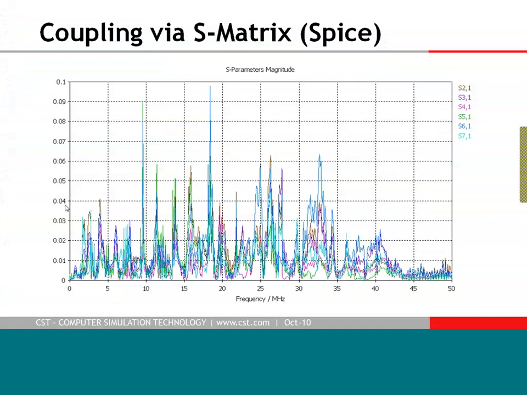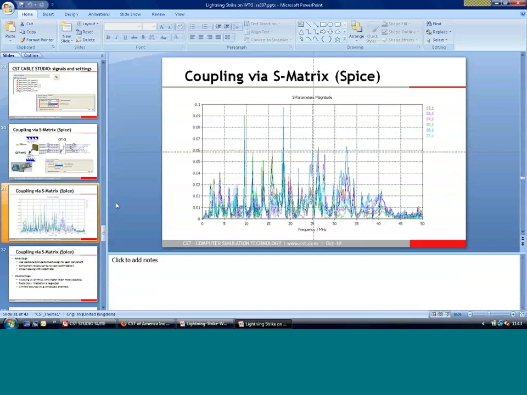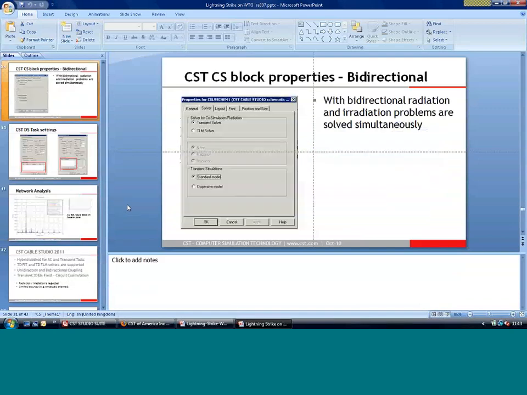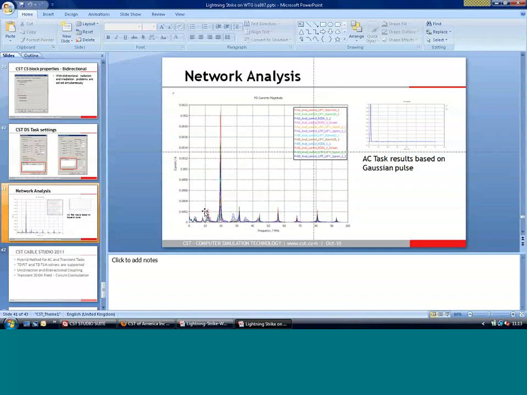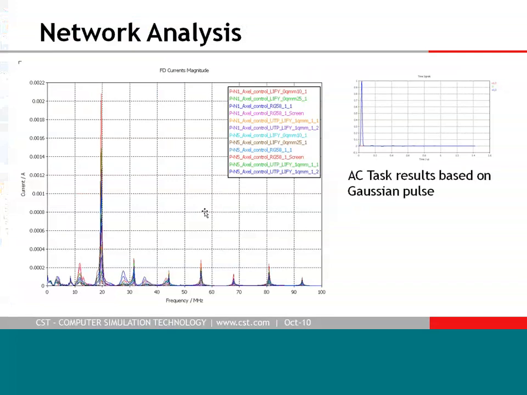So there is not really any frequency which is more critical than the other one. Instead, when considering the field coupling or the hybrid method, clearly, let's say around 20 megahertz, we might have some problem.